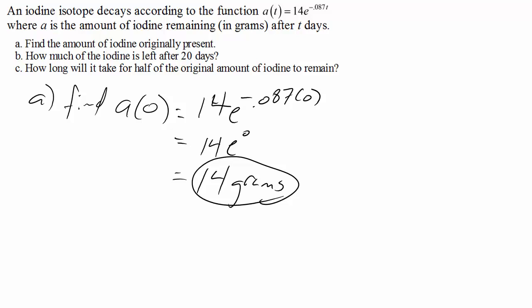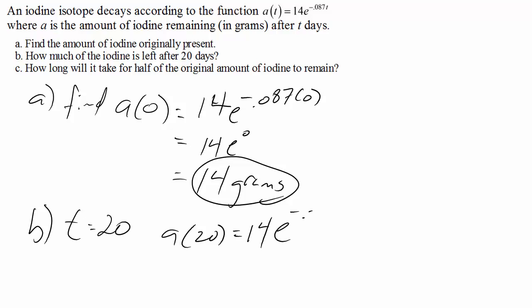But for part B, we want to find how much of our iodine is present after 20 days. So that just tells us that our time equals 20, so we put a 20 in for t. So we are looking to find A(20). So that'll be 14 times e^(−0.087 × 20), which gives us e to the negative 1.74 power.